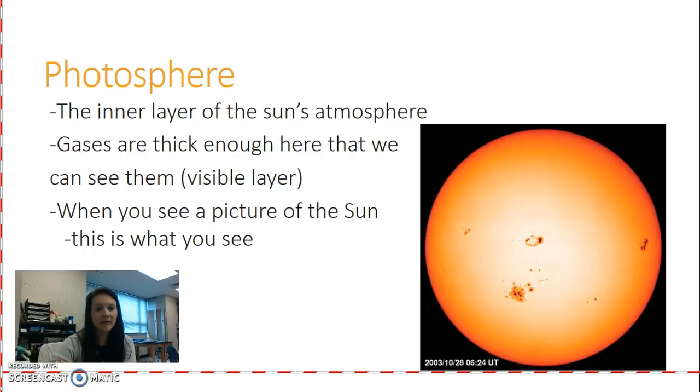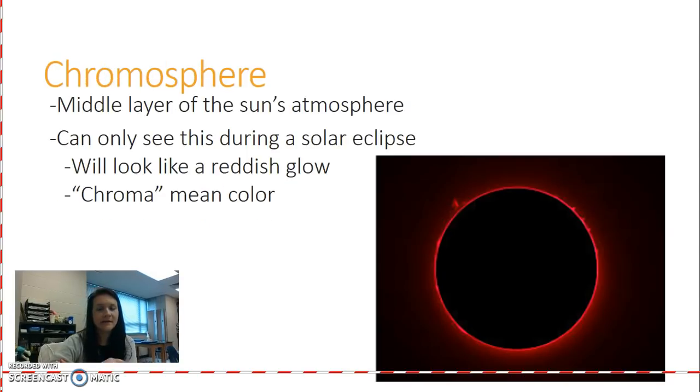And going one out from that is called the chromosphere. The chromosphere, this is the middle layer of the atmosphere. And this layer, and then the next one that we're about to get to, is the parts of the sun that we can't see unless it's during a total solar eclipse.